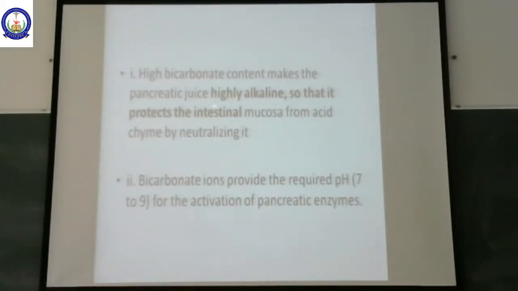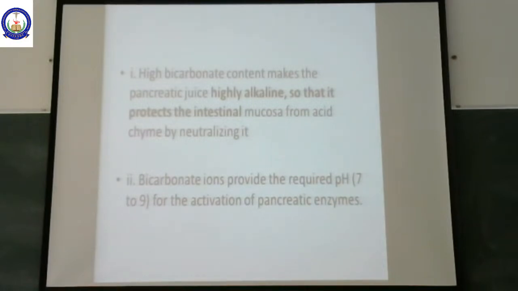Once this acid chyme enters into the duodenum, it can actually damage the mucosa of the duodenum. So in order to protect that, the high bicarbonate content of pancreatic juice will neutralize this acid chyme. So it acts as a protective mechanism for the intestinal mucosa.